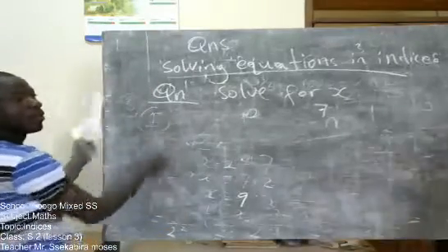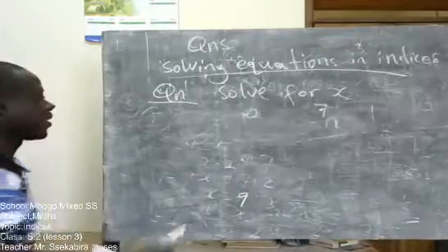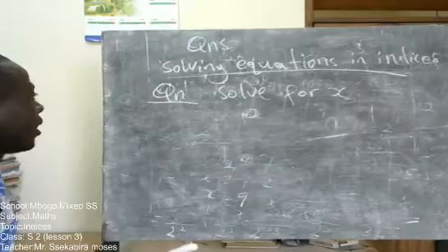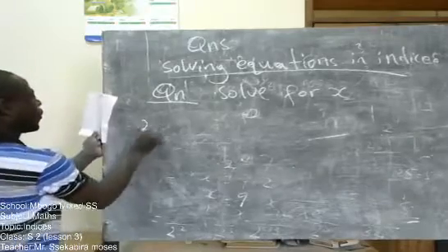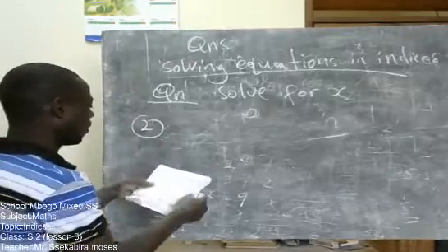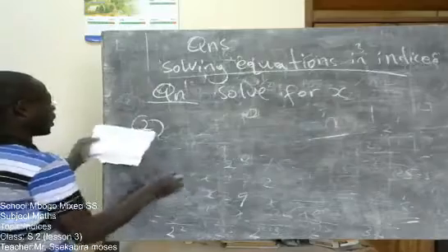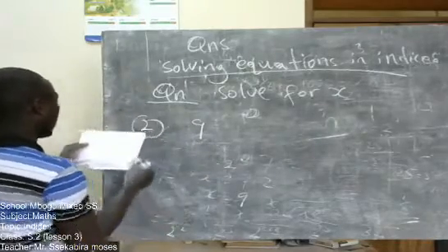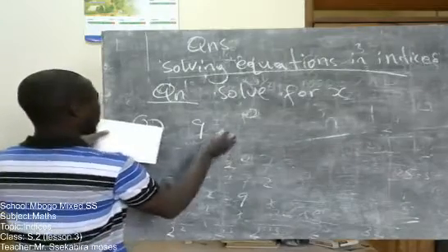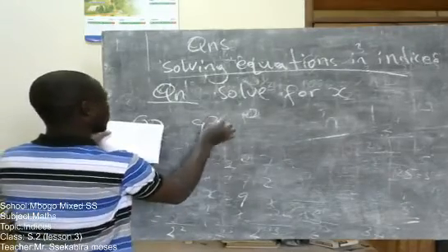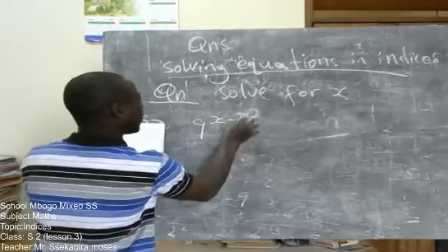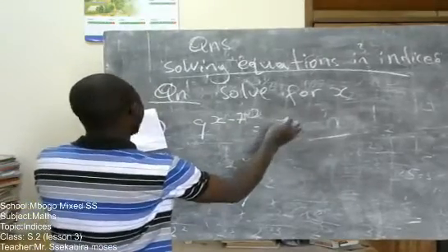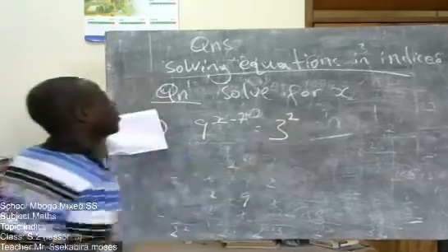Question 2. Solve for x. We are solving for x. 9 to power x minus 7 is equal to 3 to power 2.